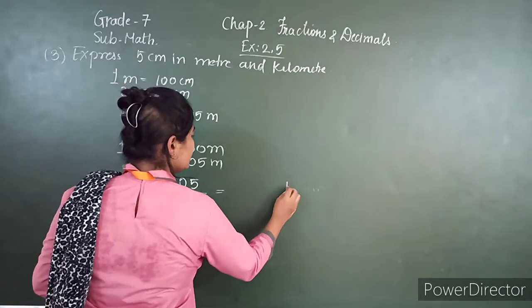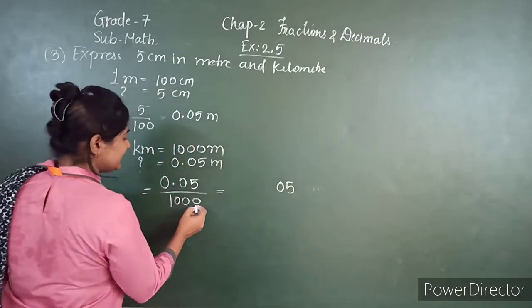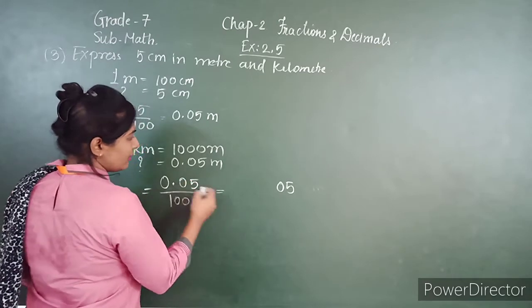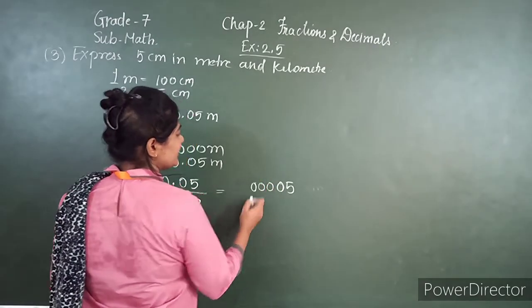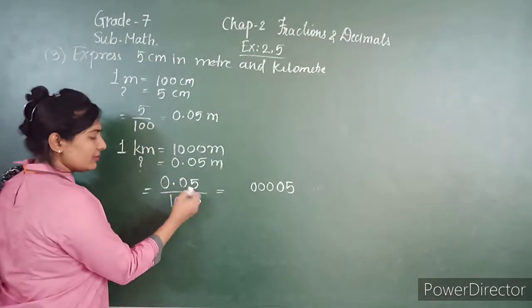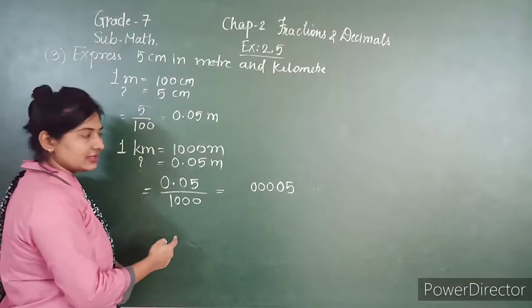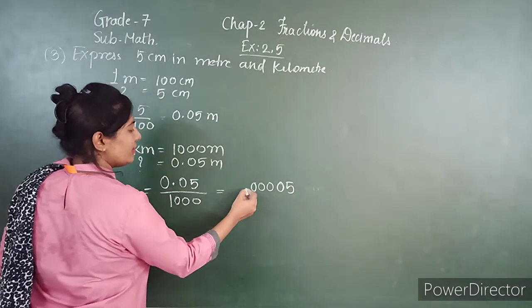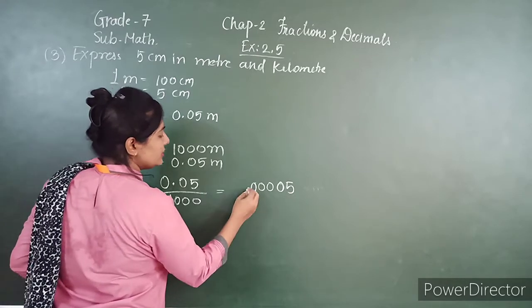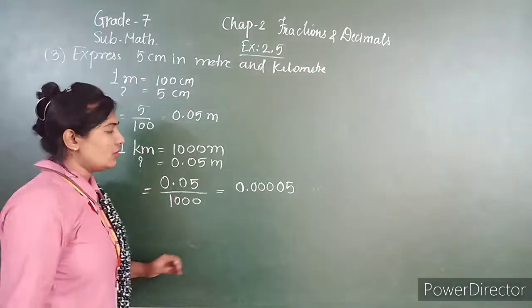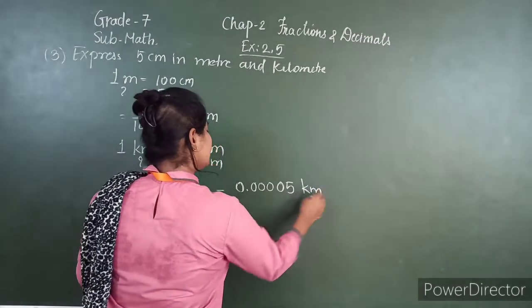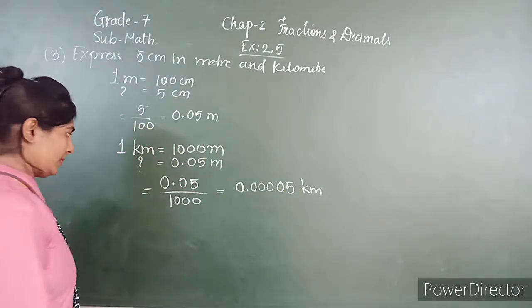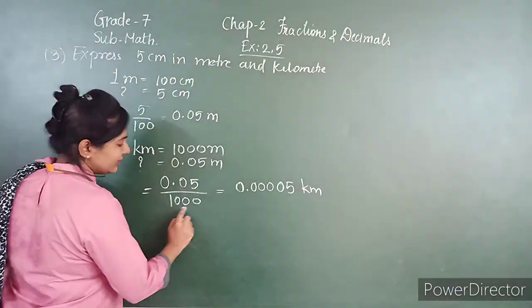Now 3 zeros are there, so before these two numbers we have to write 3 zeros, and then put the point. So it is 0.00005 kilometer.